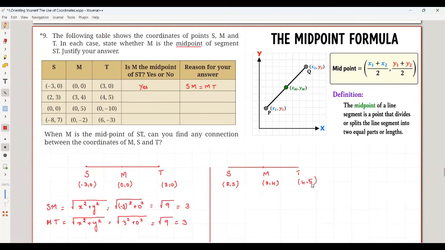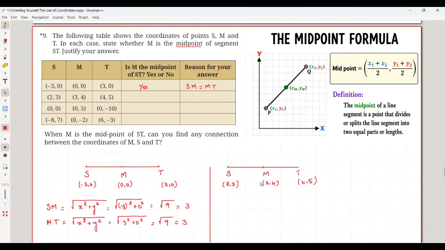So here I am going to use the midpoint formula. We have to check whether M is the midpoint of S and T. So we just take only S and T and apply the midpoint formula.